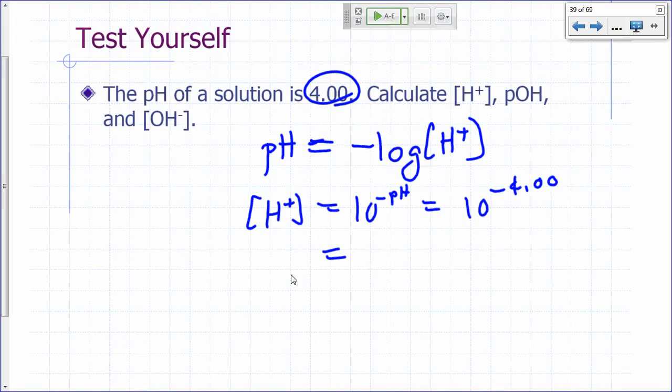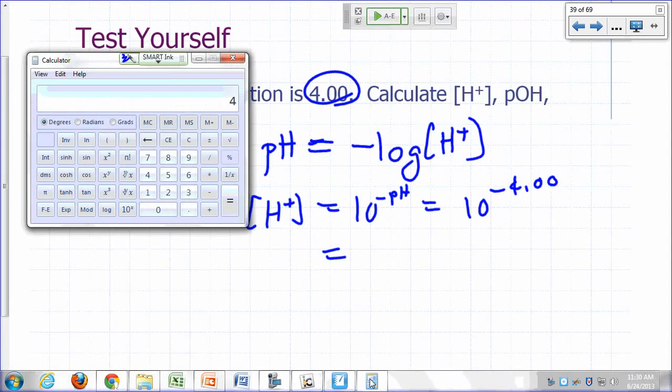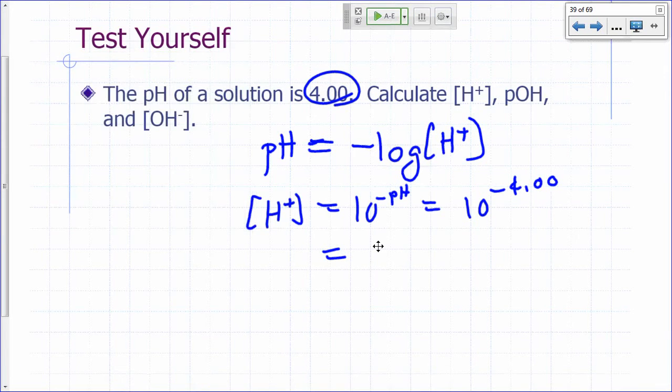That's just 1 times 10 to the negative 4, right? But how many sig figs should I have? Two decimals in the pH means I need to have two sig figs in my answer. So it's 1.0 times 10 to the negative 4.